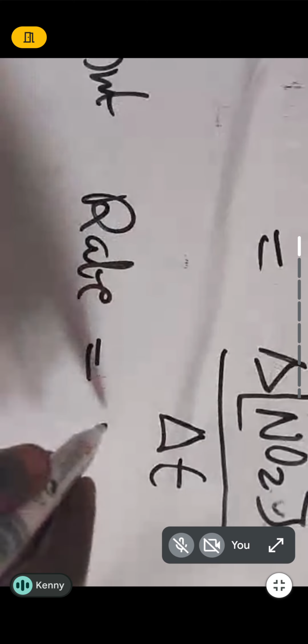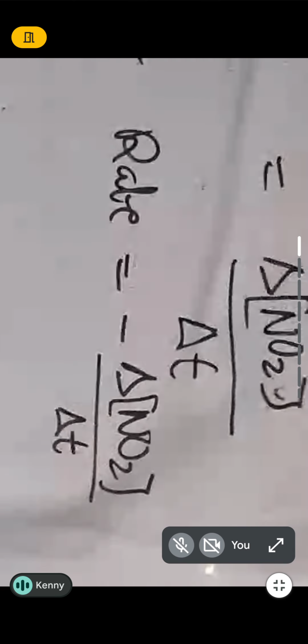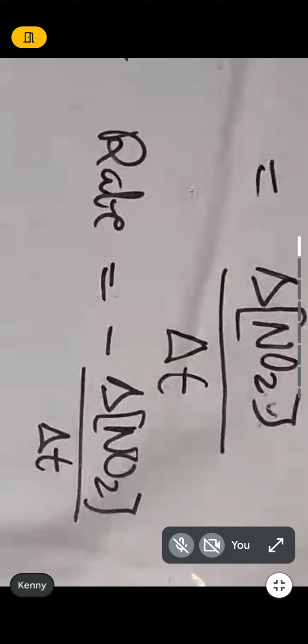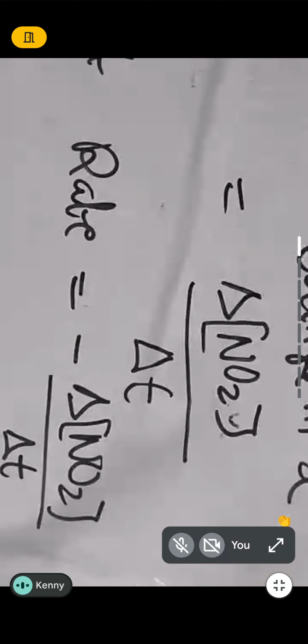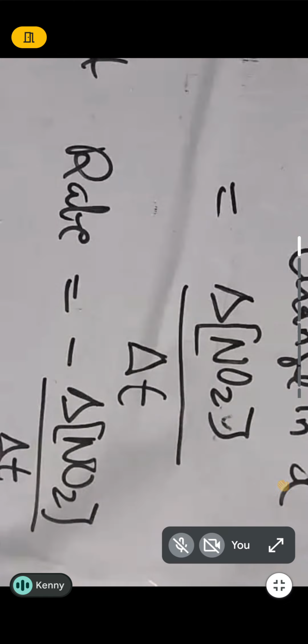But rate is equal to negative delta NO2 over delta T. Okay, so now you can see the relationship that is there.